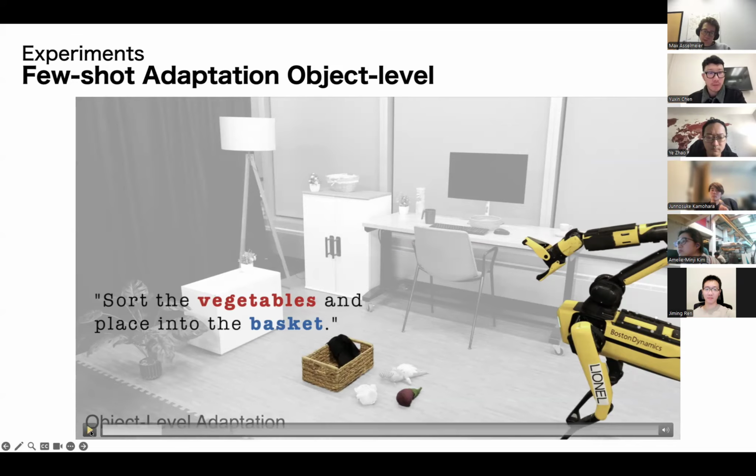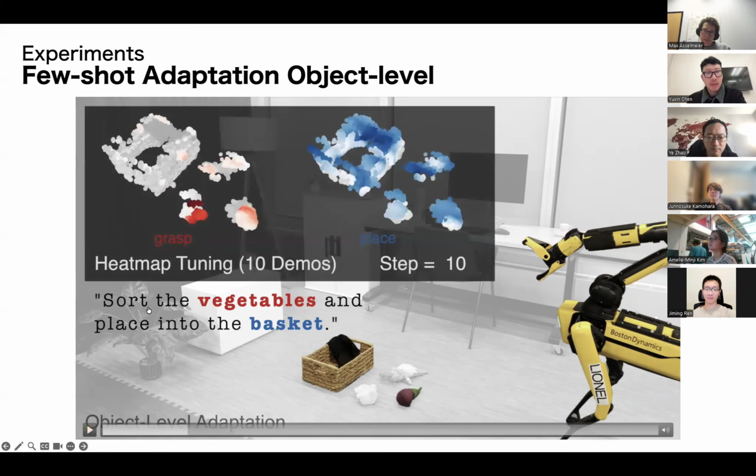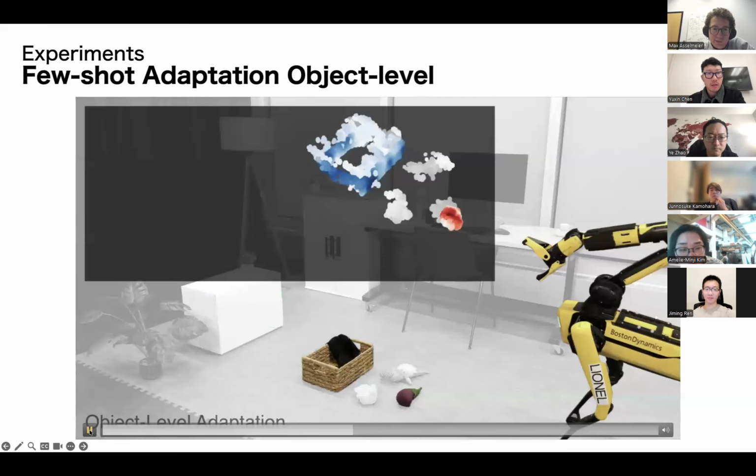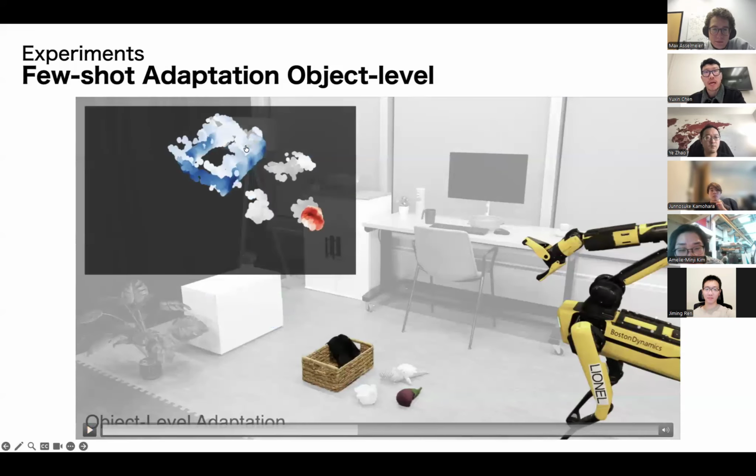So in this case, for example, at the very beginning, the heat map does not know which object you're actually grasping and where you're going to place it. But after several steps of self-supervised learning, it will gradually know what to grasp and what to place.